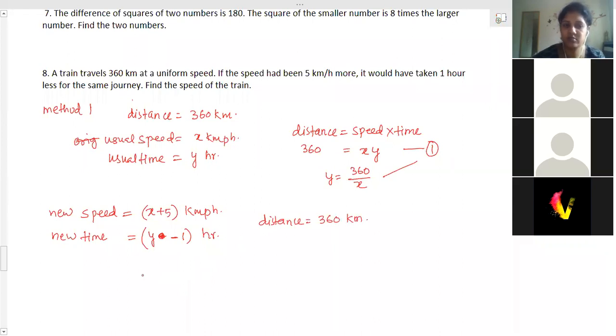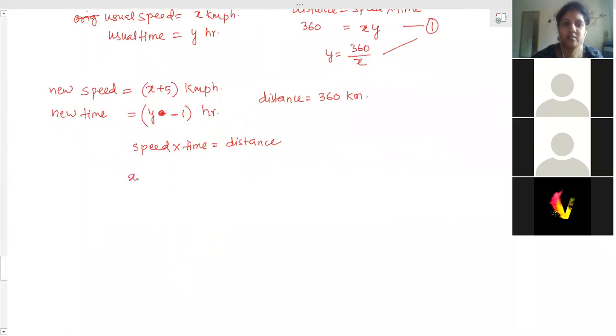Then what is the relation? Distance is equal to speed into time. That is, speed x plus 5 into y minus 1 is equal to distance 360. So multiply inside: xy minus x plus 5y minus 5 is equal to 360.